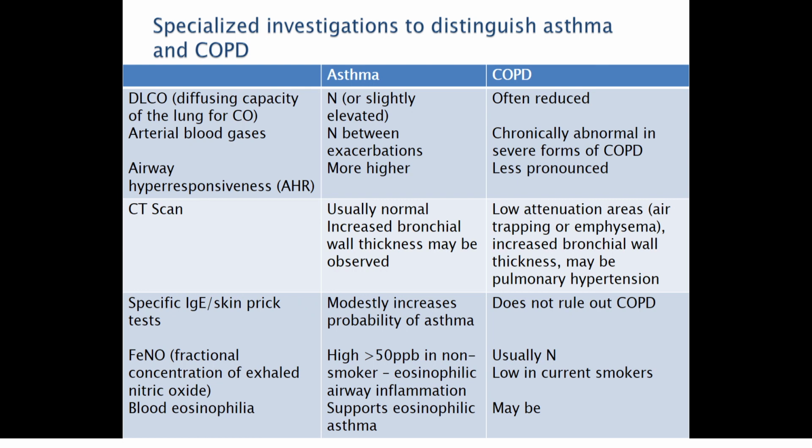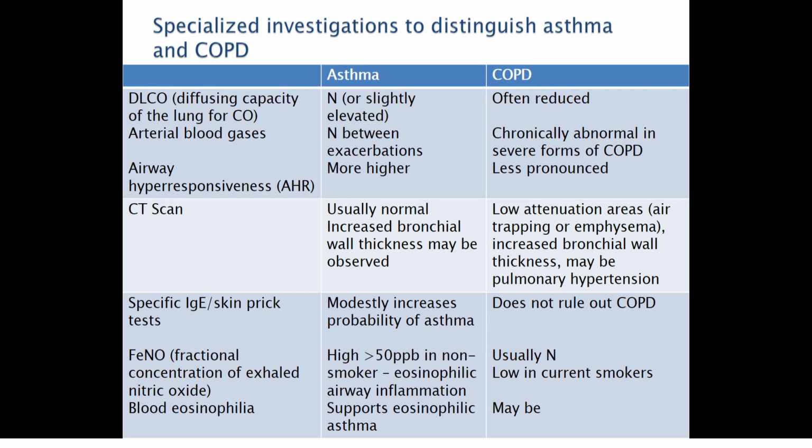Next method, specific immunoglobulin E, skin prick test. Modestly increases probability of asthma. It is less often positive in COPD, but does not rule out COPD, especially if patient has overlap syndrome. Fraction of exhaled nitric oxide, FeNO.